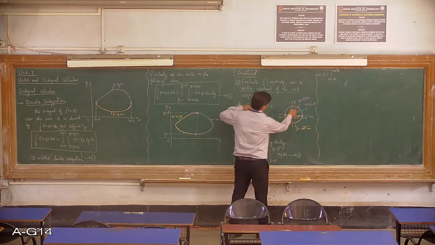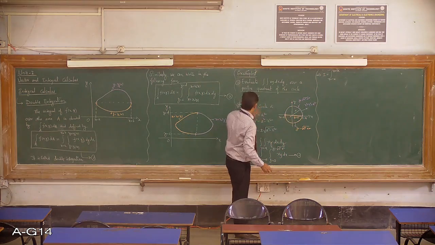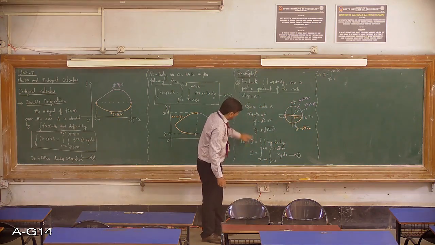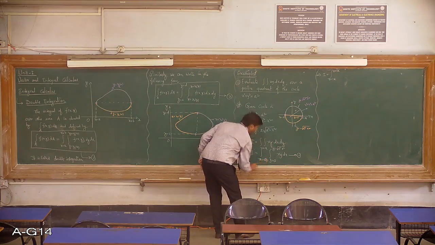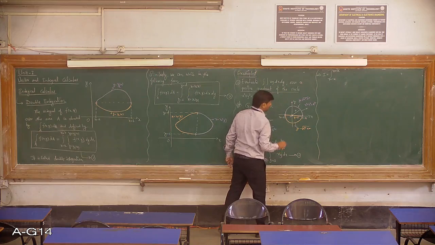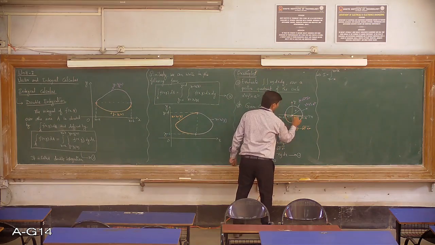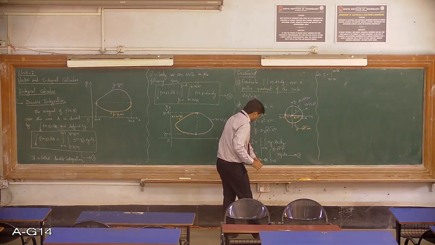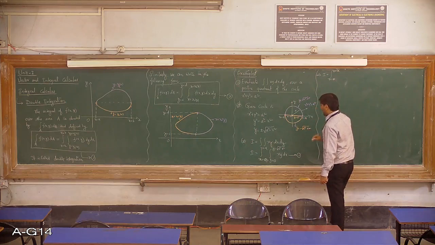Positive quadrant means only this much is positive, because here x is also positive and y is also positive. Sorry for the inconvenience. This is not from x equals minus a to x equals plus a, it is x equals 0 to x equals a. That means from this particular point we have to restrict ourselves. So make it x equals 0 to x equals a, and here also x equals 0 to x equals a.